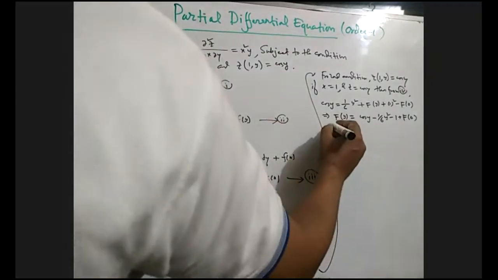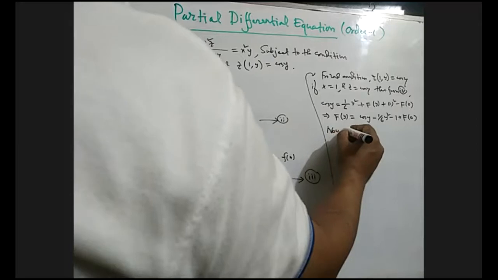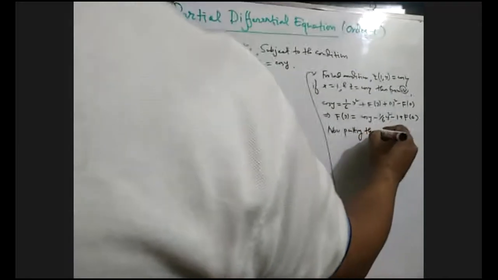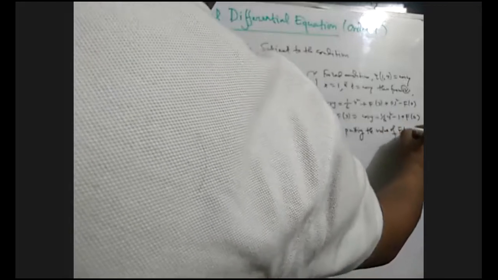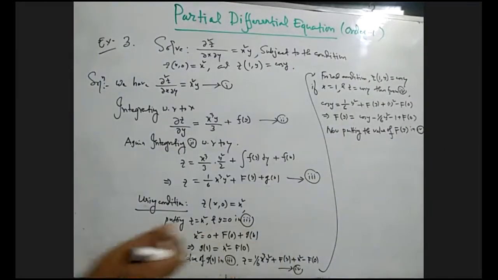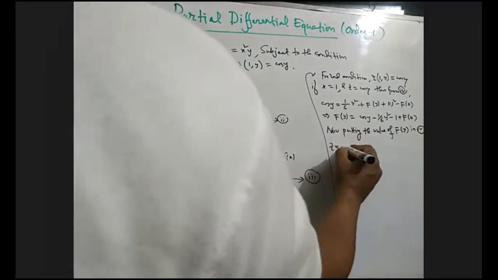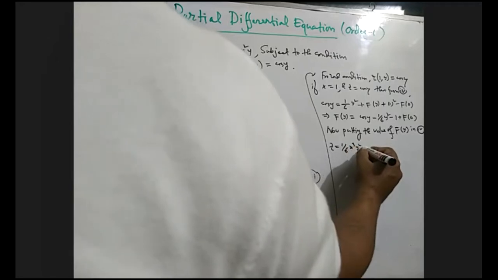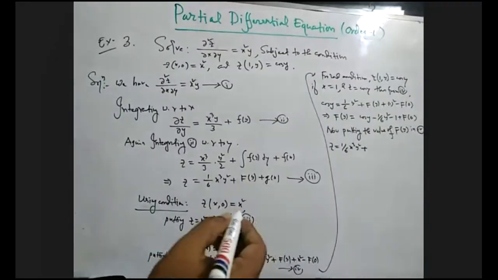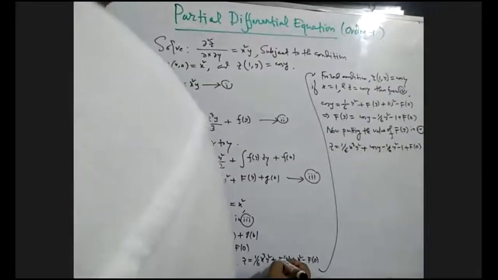Now putting the value of f of y into 4, just substituting, we get z equals 1 by 6 x cube y square, plus cos y minus 1 by 6 y square minus 1 plus f of 0, plus x square minus f of 0.